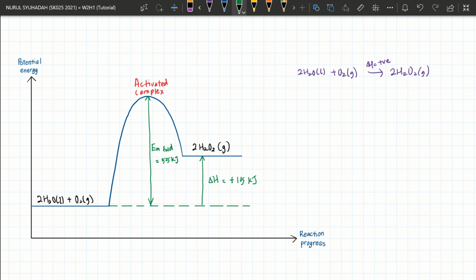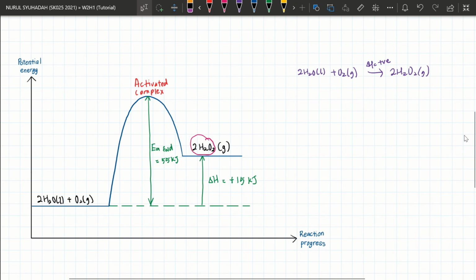For the reverse reaction, it will be from 2H2O2 towards 2H2O plus O2. So this one here will be our reactant right now if we have a reverse reaction.